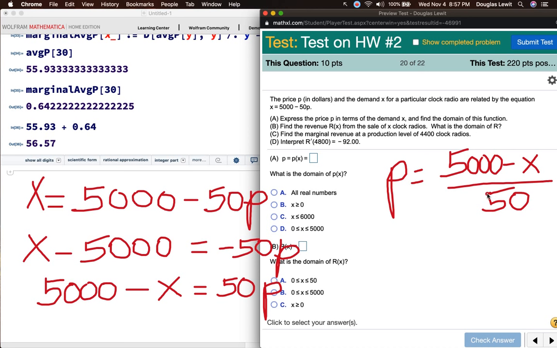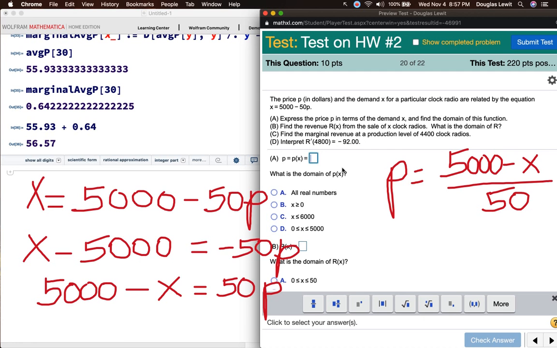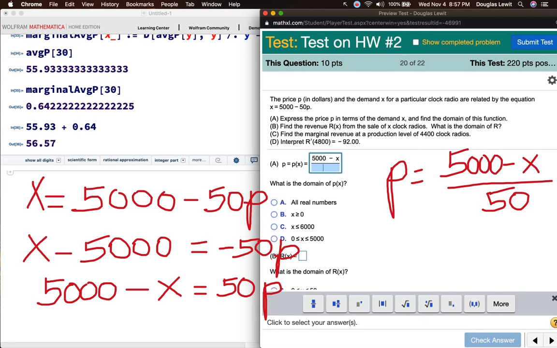P is equal to 5,000 minus X divided by 50. Let's see if that's true. So we have 5,000 minus x. Oops. Let me highlight this entire thing. Divide by 50.